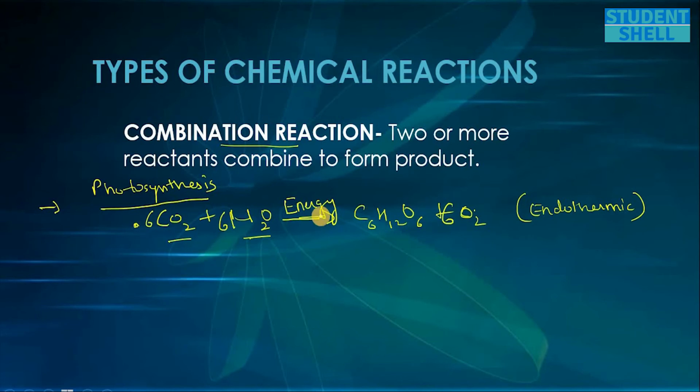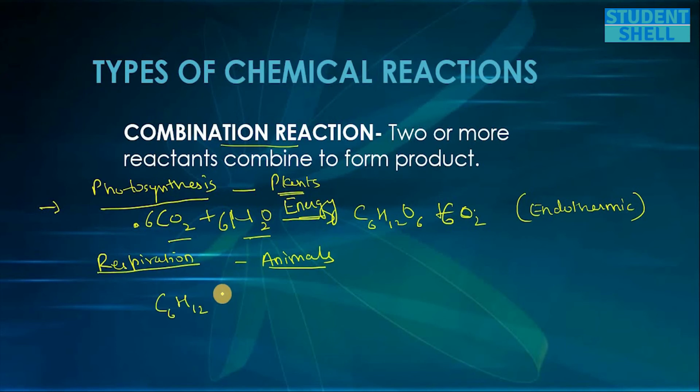Now I'll tell you something very interesting. This was the photosynthesis reaction that takes place in plants. Do you know the exact opposite of it happens in animals? And what do we call it? It is called respiration. And what is respiration? See, we all eat food.